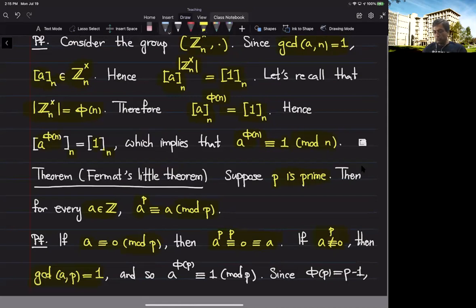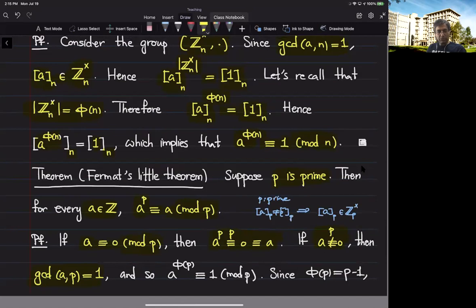Here, either you can use the definition of prime to show this, or you can use the fact that this is inside Z_p cross if p is prime and a is not 0. So either you can use this one, or you can show this directly using the fact that p is prime.